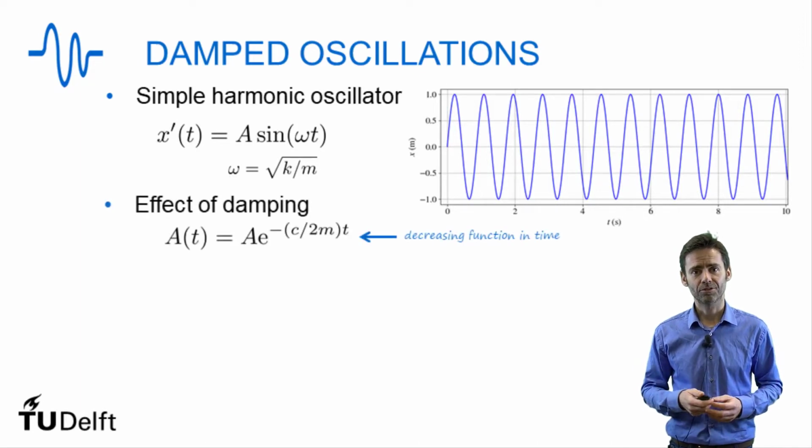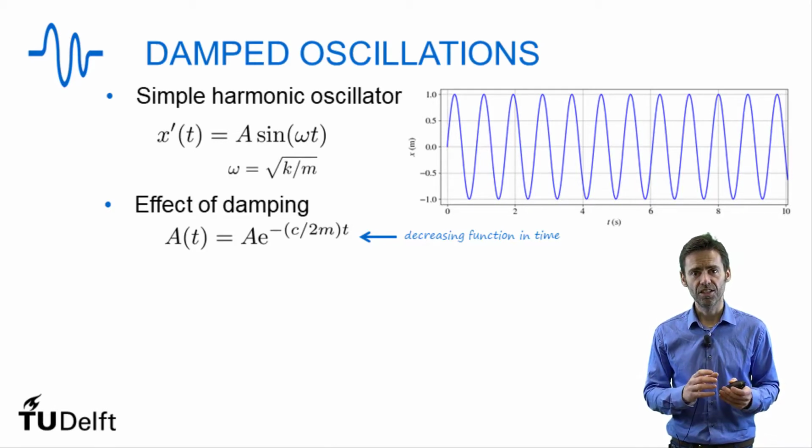We will add an effect of the damping to modify the amplitude, capital A, of this harmonic oscillation motion. And we do that with the following function. We introduce an exponent with e to the power minus c over 2m times t.